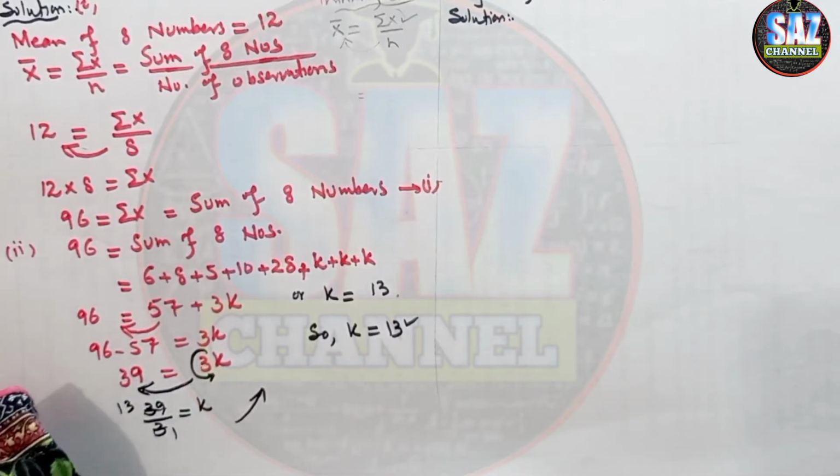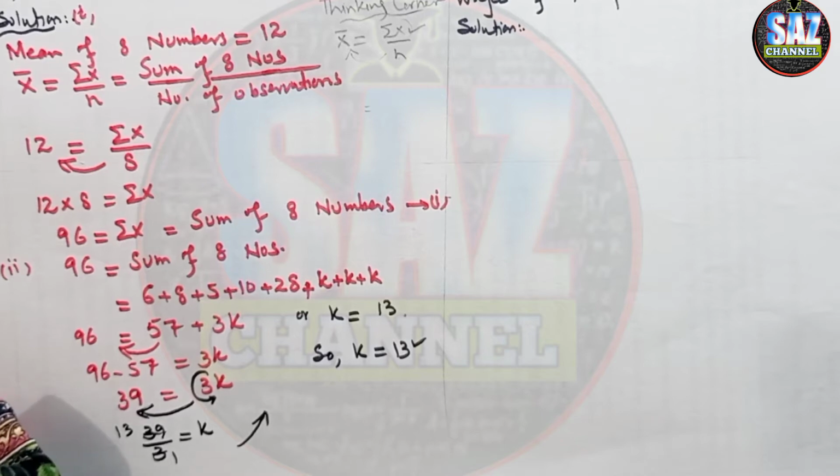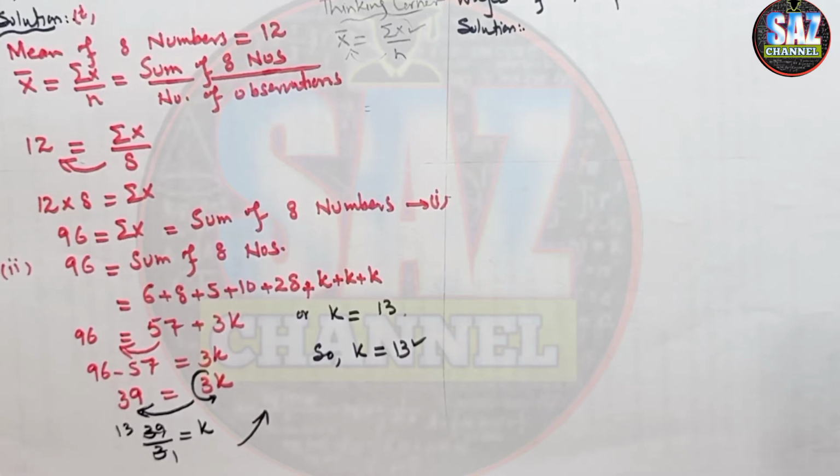Okay, question number 10. I'm trying to solve similar questions at the same time, because in this way learning becomes perfect, and I always ask my students to practice similar questions at the same time.